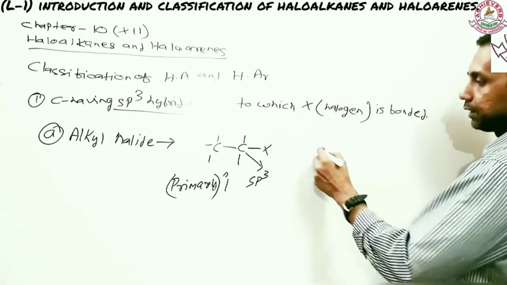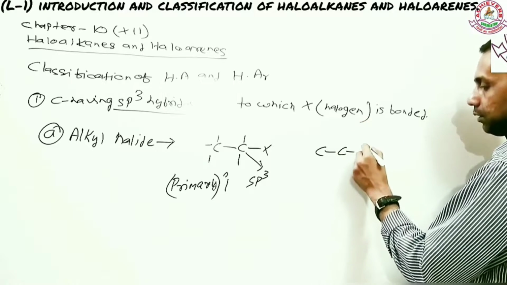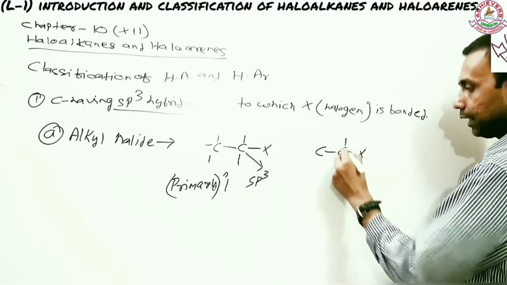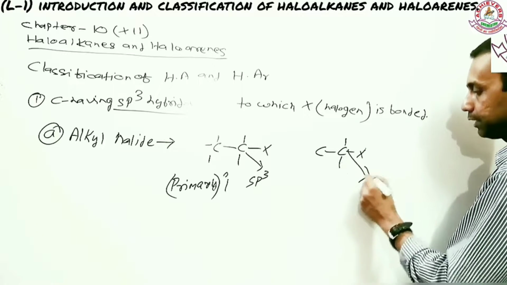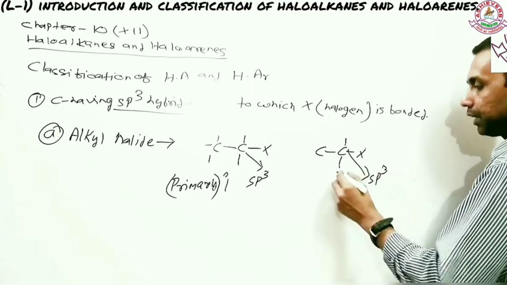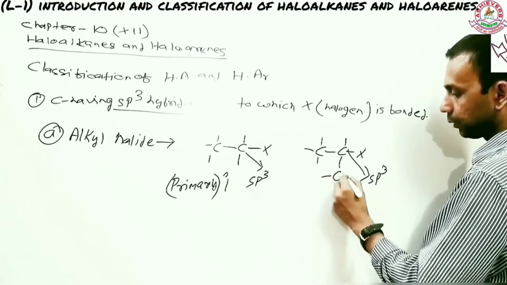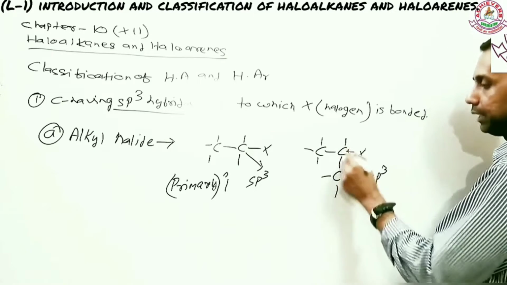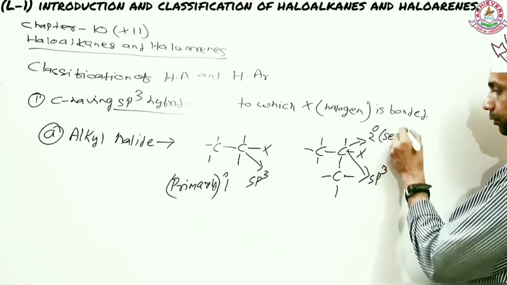Let's talk about another type. The carbon to which the halogen is bonded has a hybridization of sp3, but if this is bonded to two different carbons, this is called 2 degree or secondary.